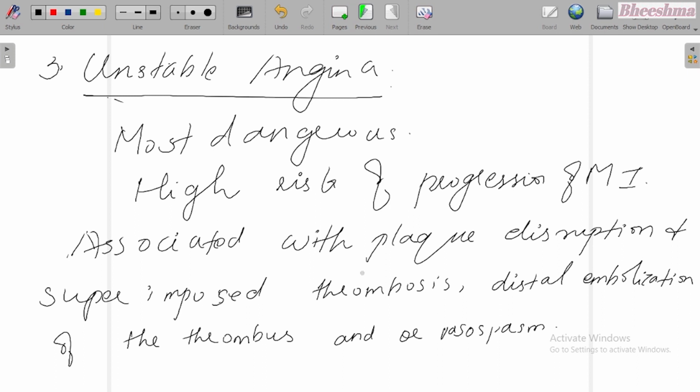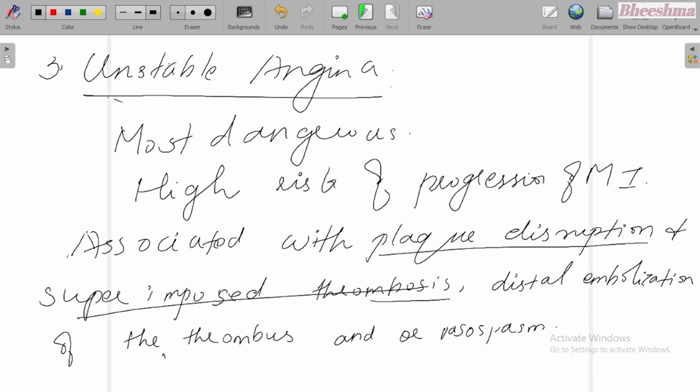Unstable angina is associated with plaque disruption and superimposed thrombosis. Unstable angina is the most dangerous angina. Those people who are suffering from unstable angina have a high risk of progression to MI, with plaque disruption and superimposed thrombosis, distal embolization of the thrombus and or vasospasm.